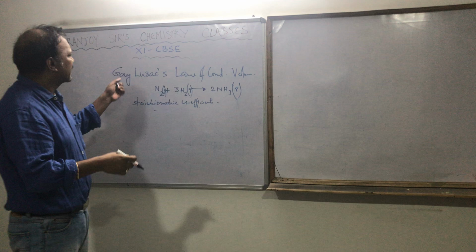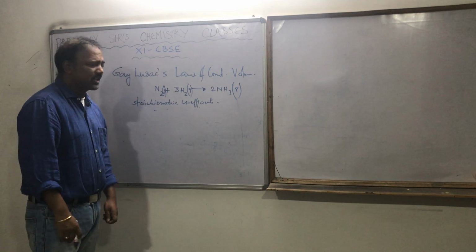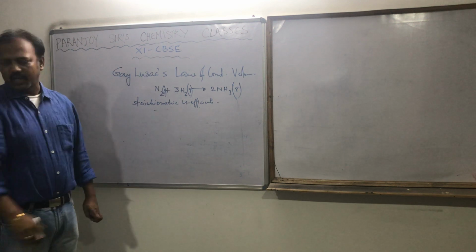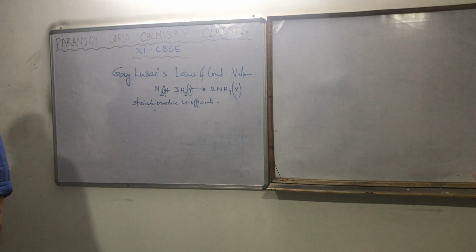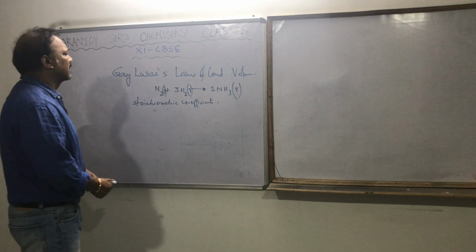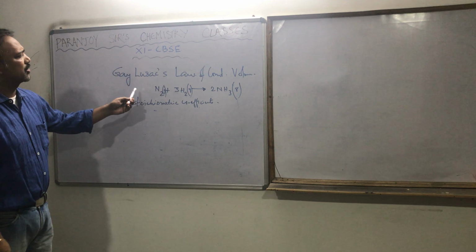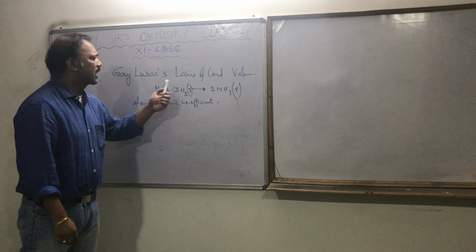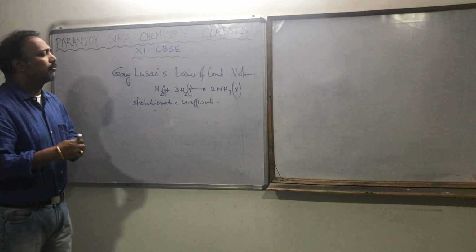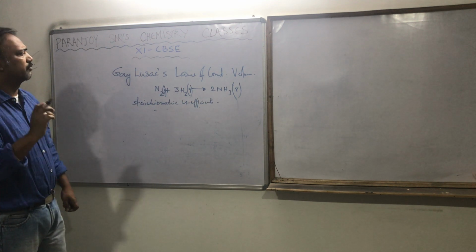Okay. Now what Gay-Lussac's law of constant volume says is that if the reaction is gaseous, then the ratio of the volumes of the reactants and products will bear a simple whole number ratio.